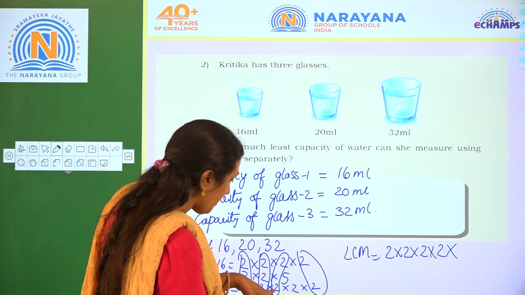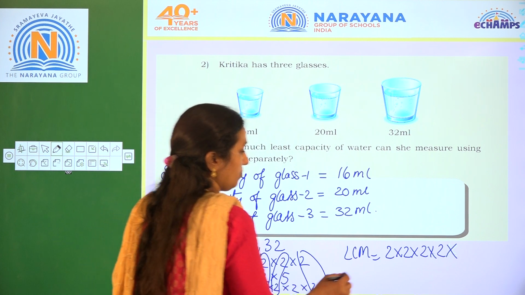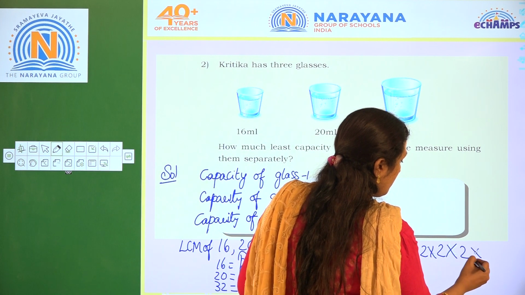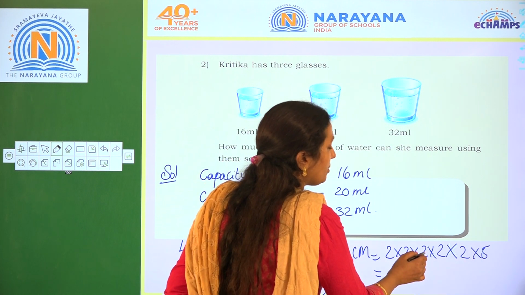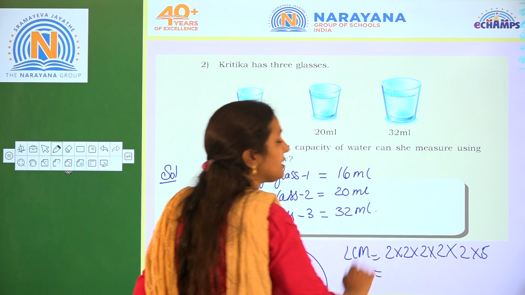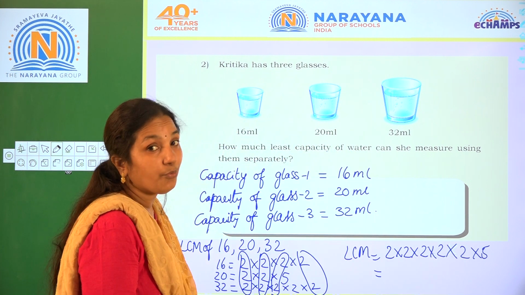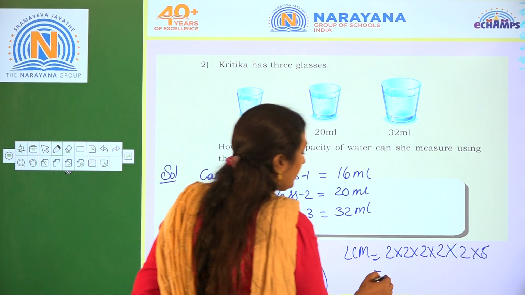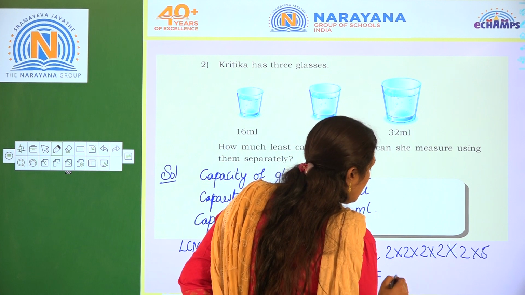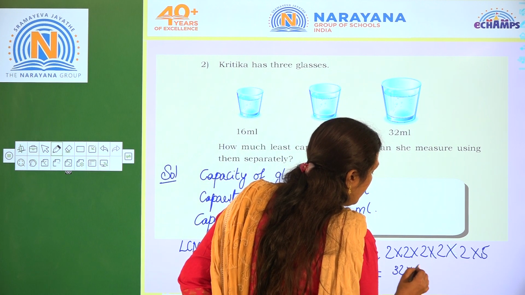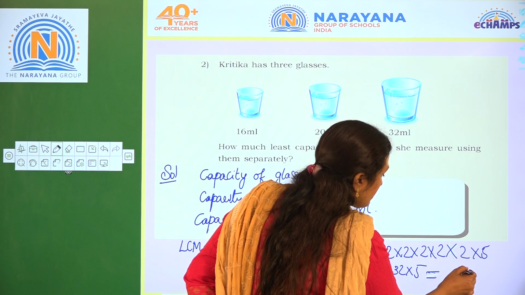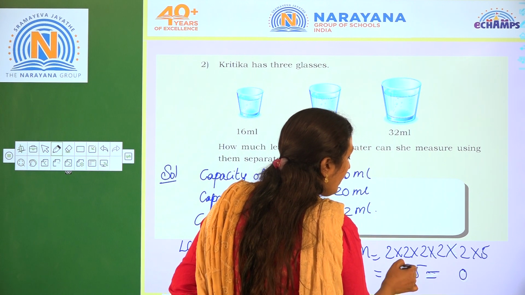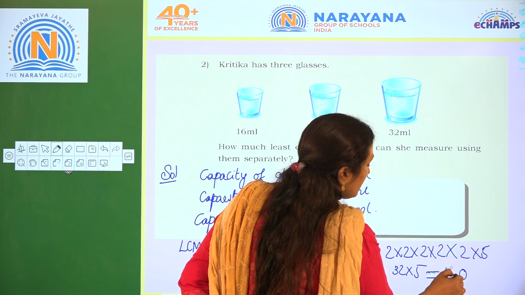What are they here? 5 and 2. So multiply: 2 2s are 4, 4 2s are 8, 8 2s are 16, 16 2s are 32, 32 into 5. How much is 32 into 5? 5 2s are 10, 5 3s are 15 plus 1 is 16.